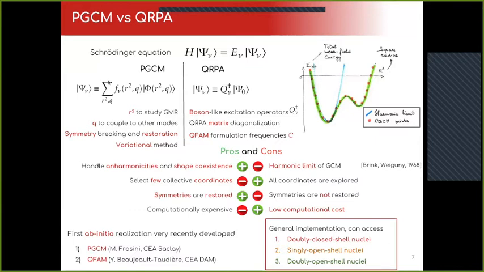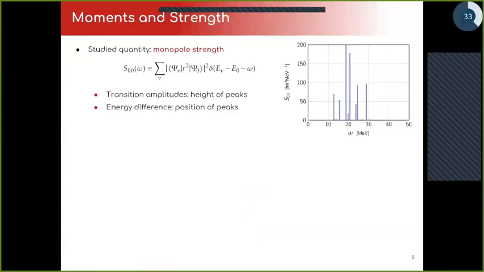Thanks to the very generic nature of the code I'm using, we can access actually all the nuclei which are nowadays attainable by ab-initio methods, restricting our domain to light and medium mass nuclei. We can access doubly-closed-shell nuclei, singly open-shell nuclei, and also doubly open-shell nuclei. I would like to point out that this is a very new feature in our domain.